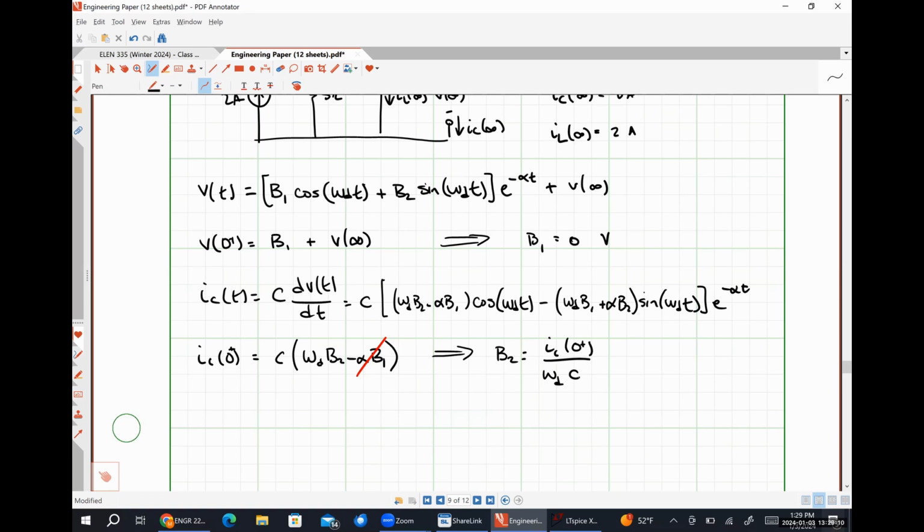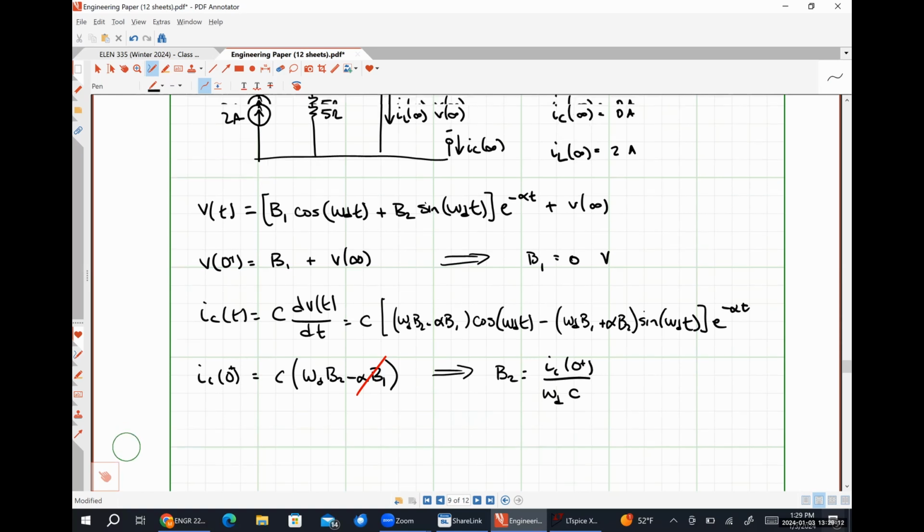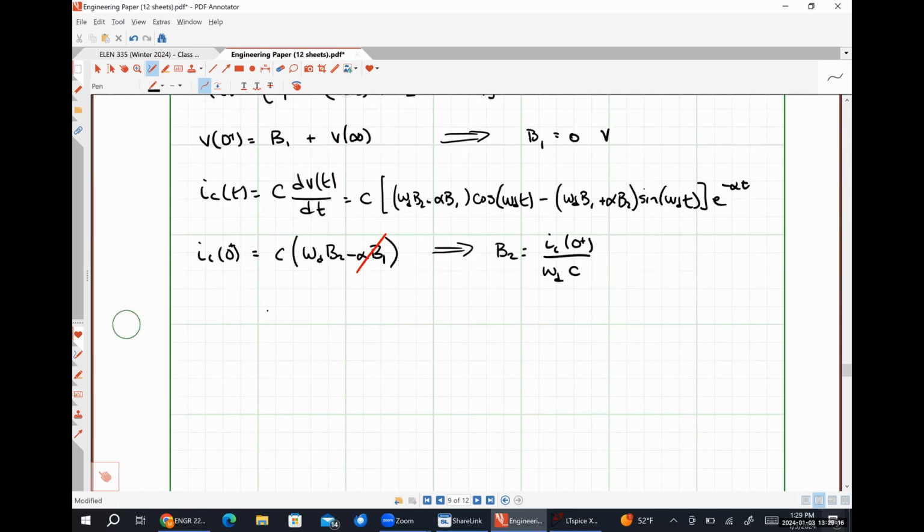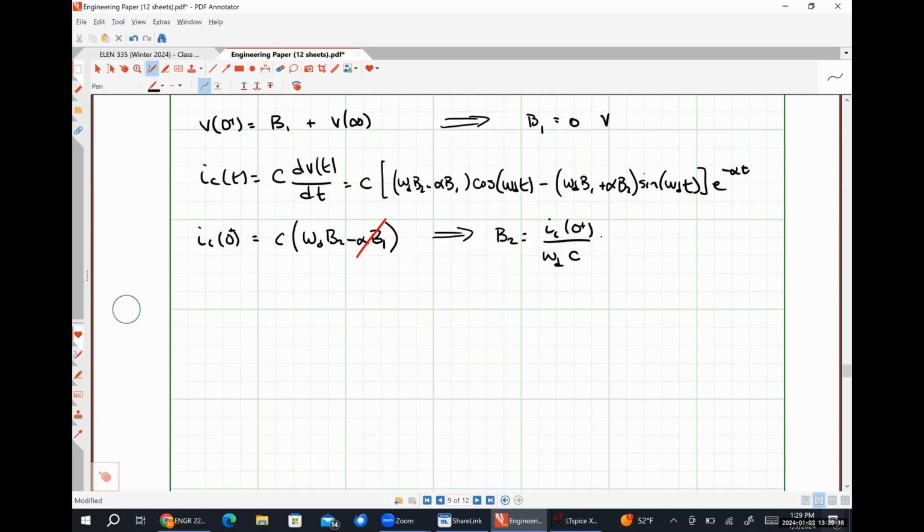So IC at 0 plus was 2 amps, if memory serves me correctly. Yep. Omega D was 0.995 radians per second. And then C is 1 farad, where a farad is an amp second per volt.